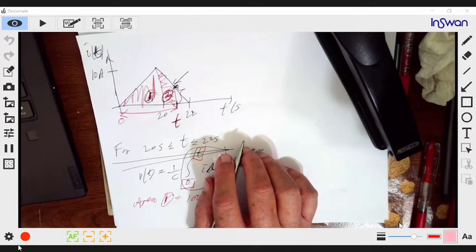Are you referring to the negative 5t plus 110? Yes, because that's the equation of the line. That's what you need. You need to know, if that value on the x-axis is the t value, what's the corresponding y value? The corresponding y value is the equation.